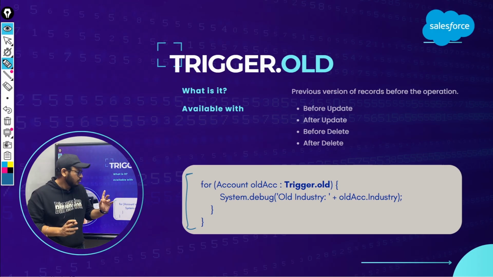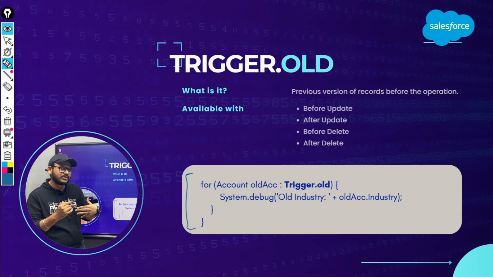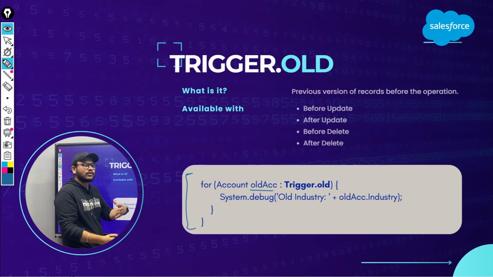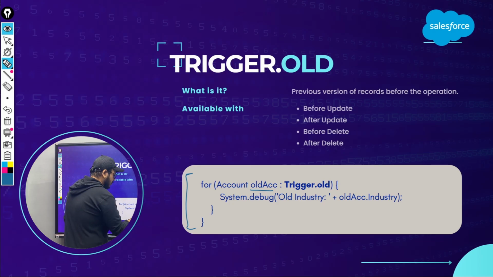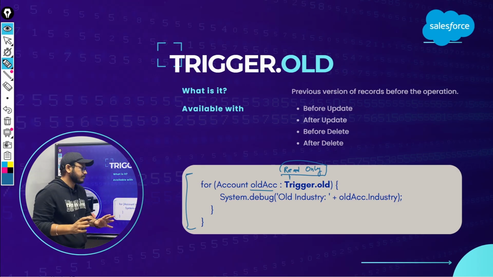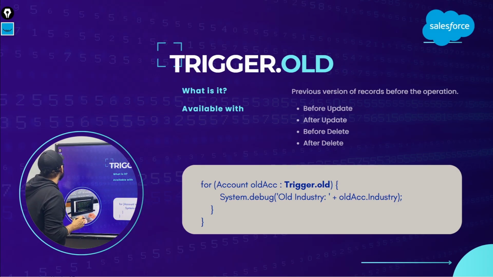Now, you cannot update Trigger.old. Trigger.old values are read only. You cannot go and update the value of this record here because it's an old value. So Trigger.old values are read only and cannot be edited as part of that trigger. That is another key difference here. All right, so that's it.